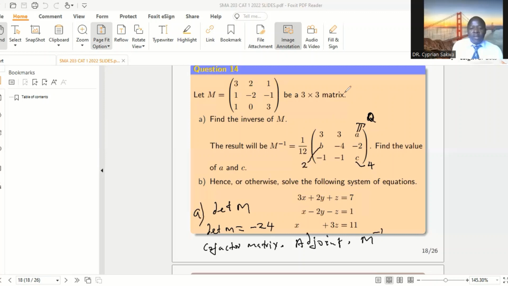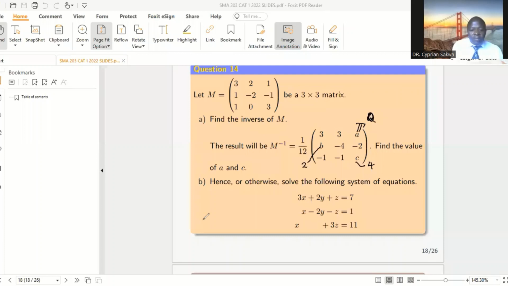Once you find the inverse, the question asks you to find question B. Now answer question B. Question A, I know you will follow those steps and find the inverse. What is question B?